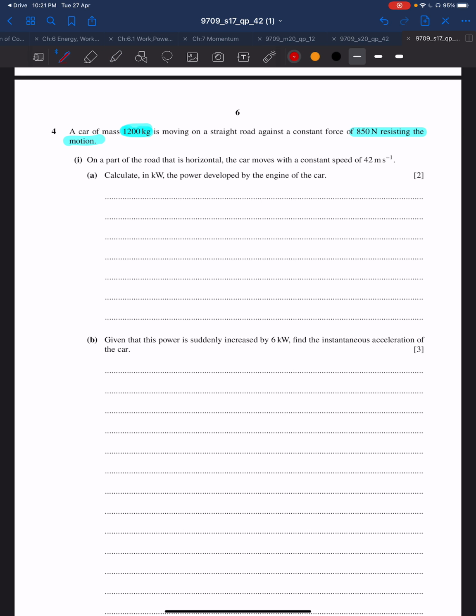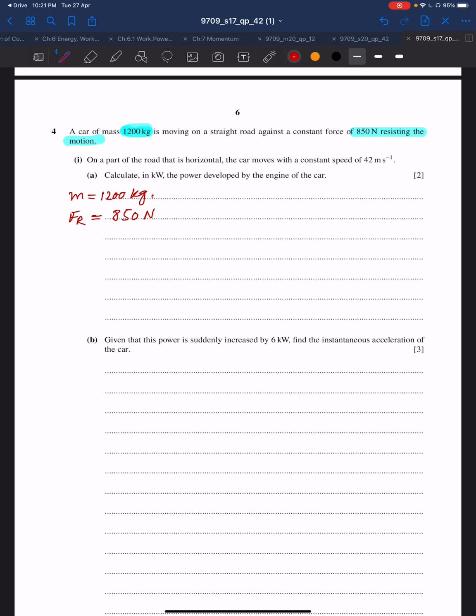So we'll write down M is equal to 1200 kg, and you're given that Fr is equal to 850 Newton, right?